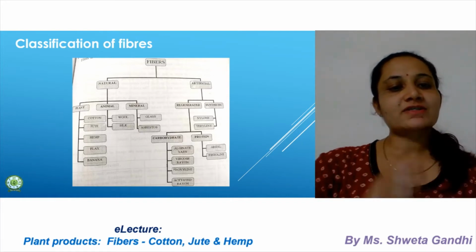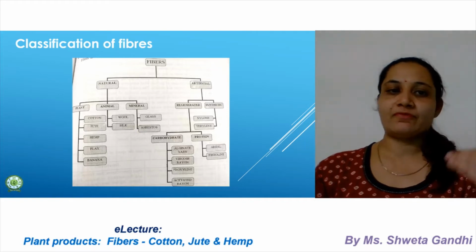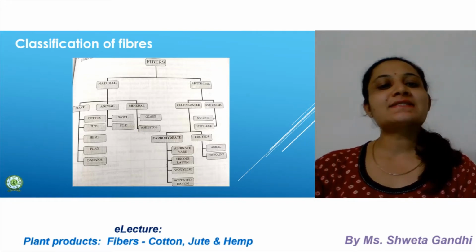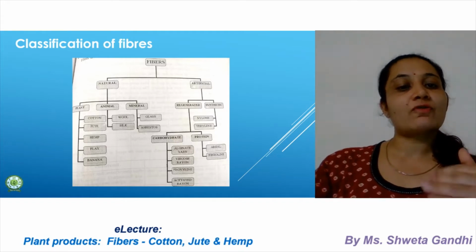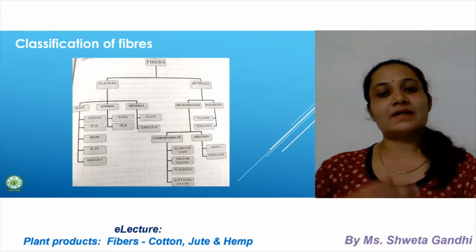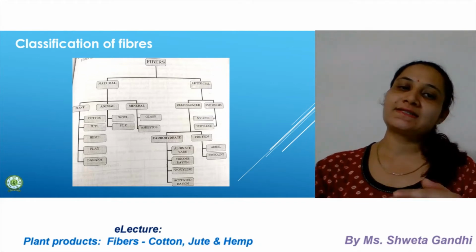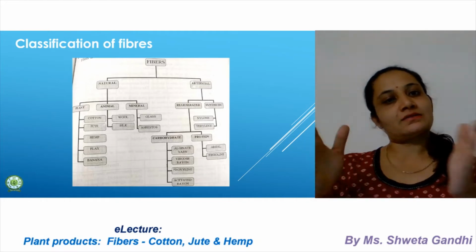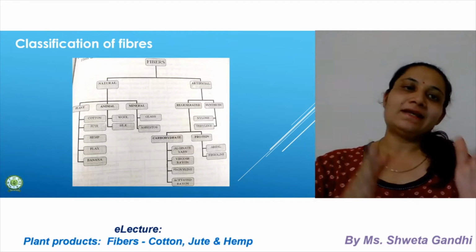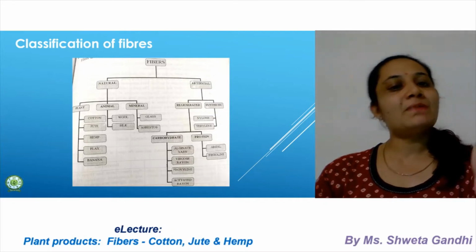In our syllabus, we'll cover cotton, jute, and hemp from plant sources. Next is the animal source, from wool and silk. Another is the mineral: glass and asbestos are examples of mineral fibers. So in the natural category, there are three categories: plant, animal, and mineral. But we will study only the plant.